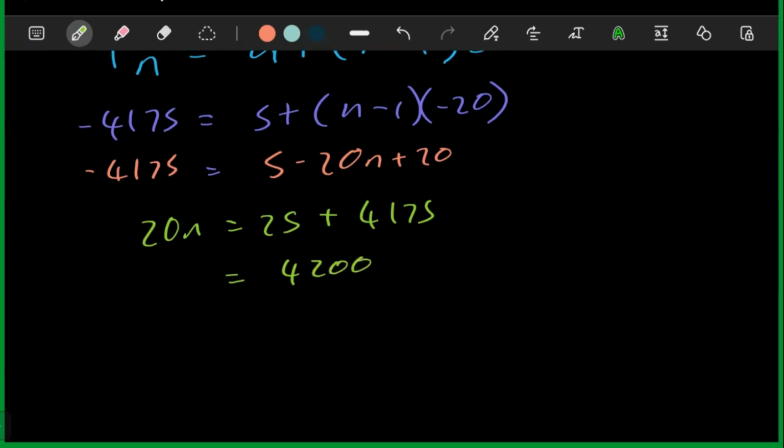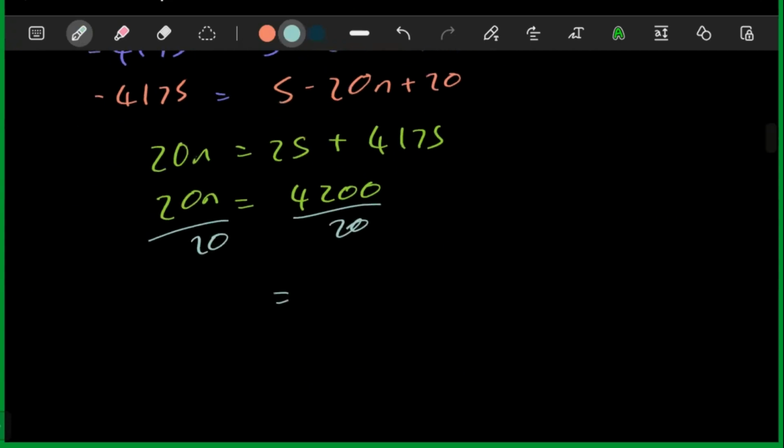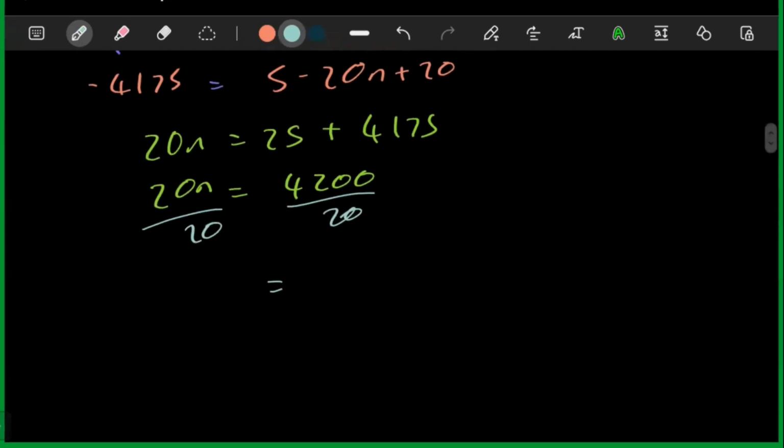Is it really? Yes, it is. Okay, that's weird. Divide by 20 on both sides. What are we going to get here? This cancels this. You're going to have 210. That's what n is. So you have 210 terms that are exactly divisible by 5.